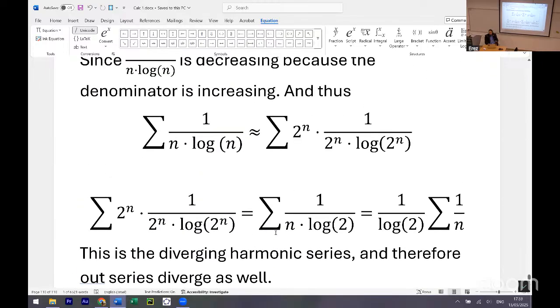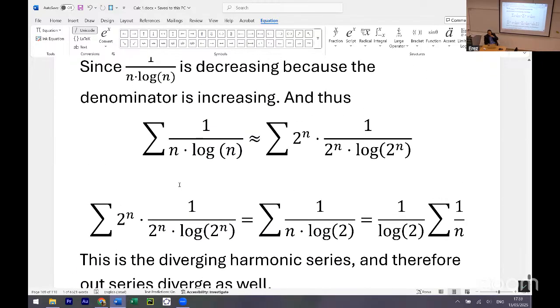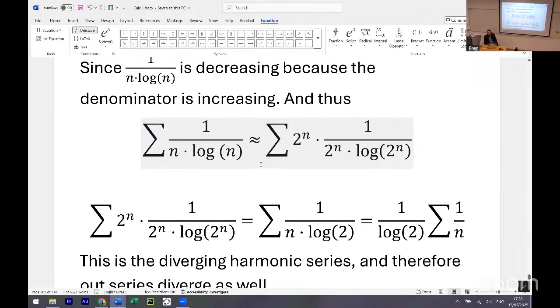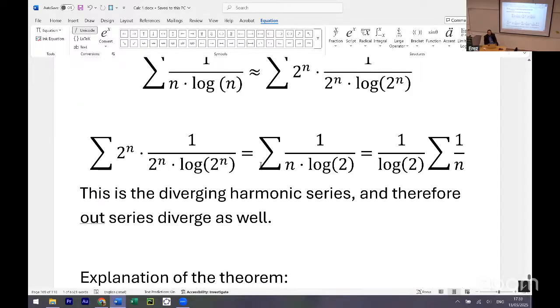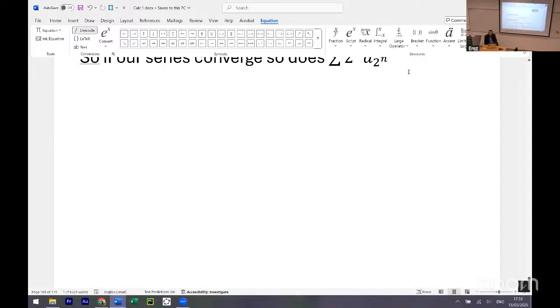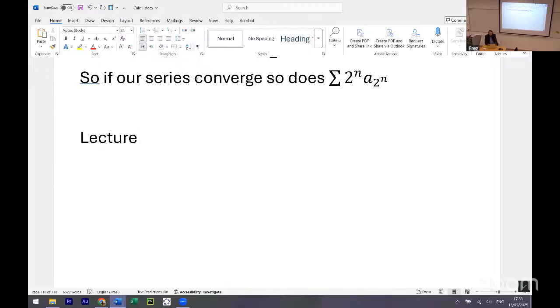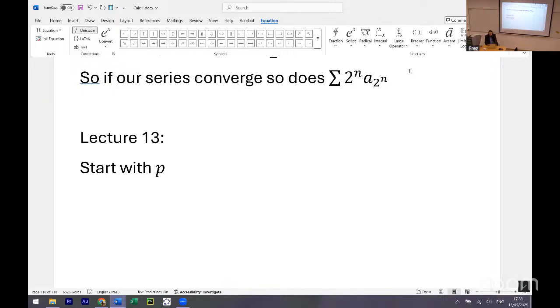But the use of it is like this. This is only useful for cases that we have usually like n. The next time, Lecture 13 is the next one. Start with P series or harmonic series.